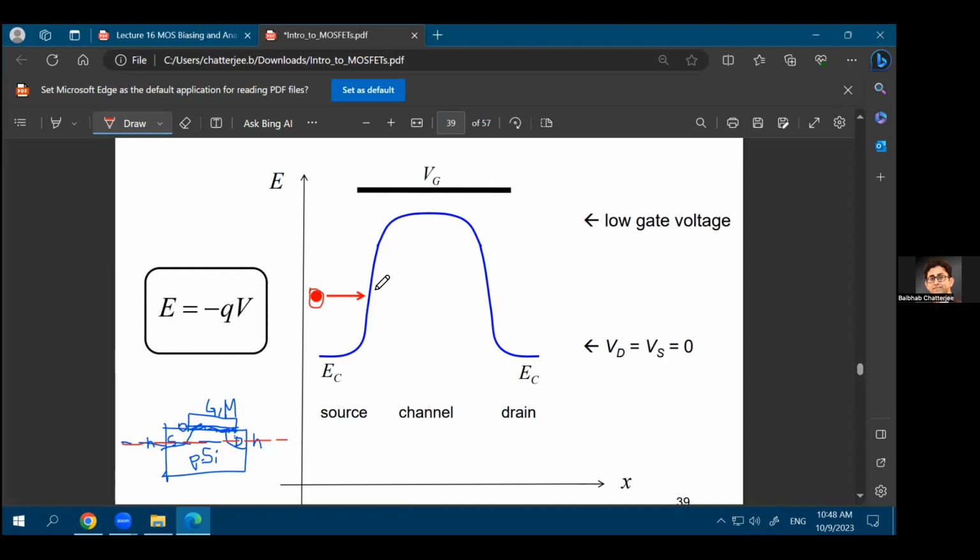Sometimes you may have heard about something called a tunnel diode. So a tunnel diode is something where this energy barrier in the channel region is very thin. So instead of having such a thick energy barrier, let's say you had something like this. Then if this electron has enough energy, it can just tunnel through from the left side to the right-hand side, and that's the concept of a tunnel diode.